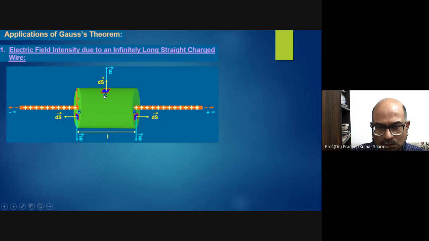On this outer surface, we are taking a very small surface area ds, at point C. At the point C, the direction of the surface is perpendicular outward, and the electric field is also outward.